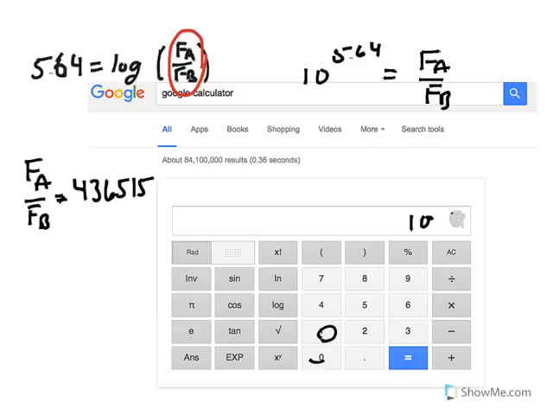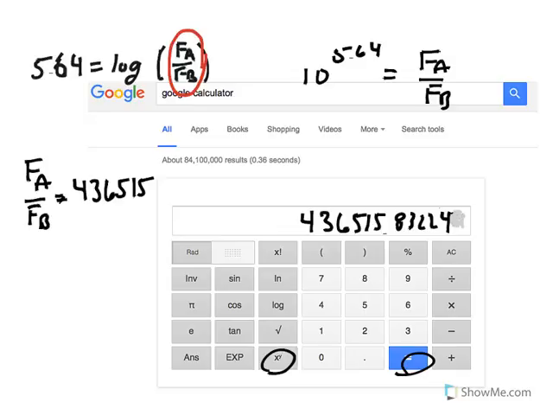So press the 1 key, then the 0 key, and that'll give you 10. Then find the X to the Y key, click on that, and type 5.64 in the little box, and then hit the equal key. And you'll see the same value in the window, 436,515.83224, which we drop everything off the decimal place, and we see 436,515.